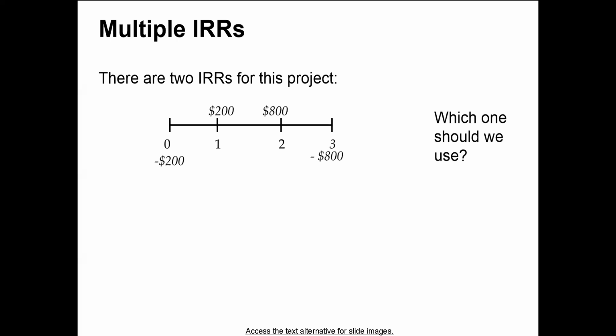In year two, you get $800 cash inflows. And in year three, finally, you will have $800 cash outflows. There are two cash outflows, for year zero and for year three.